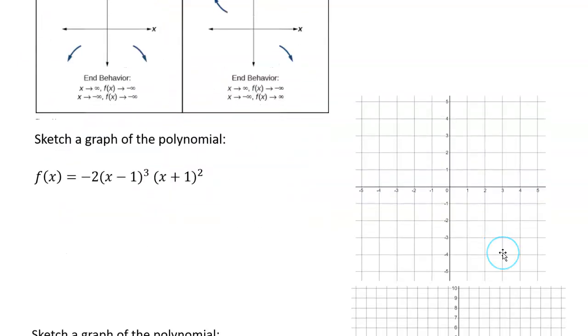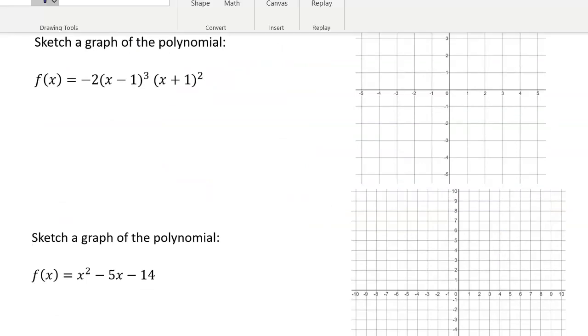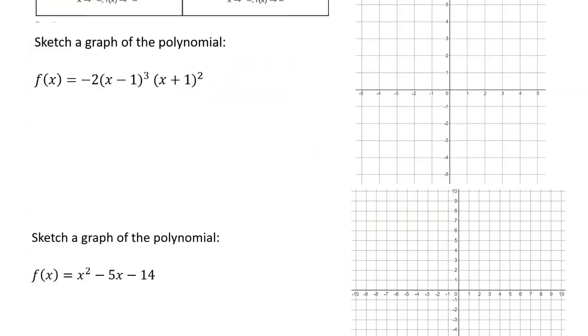Let's look at a couple more examples here. So we've got this polynomial given to us here, and let's think about our x-intercepts. I'll have an x-intercept of 1, and that has a multiplicity of 3, and I have an x-intercept of -1, and that has a multiplicity of 2.